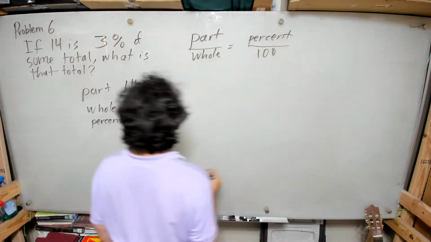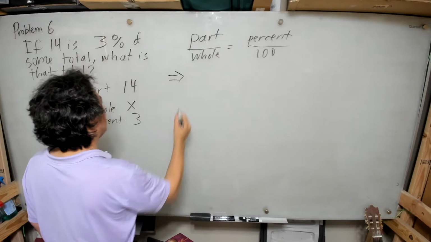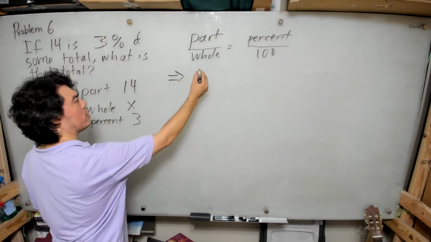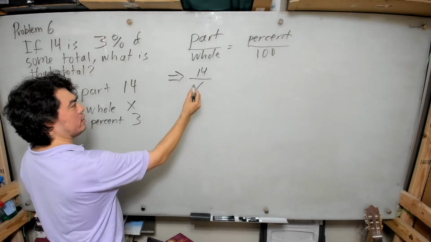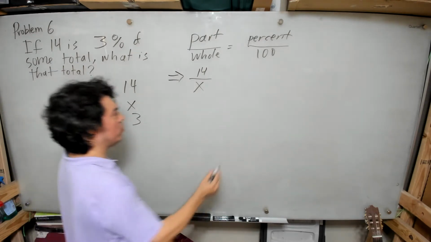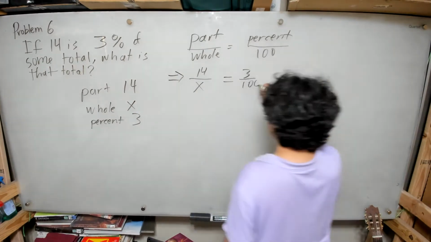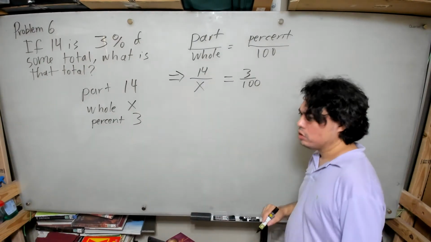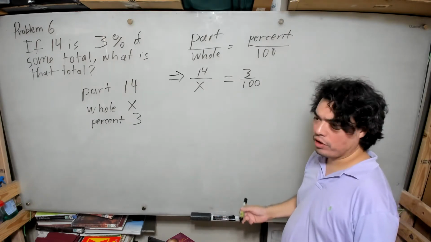Then I plug in. This implies that my part, which is 14, divided by my whole, which is x, is equal to 3 over 100. Okay? So now I have my setup here. 14 over x equals 3 over 100.